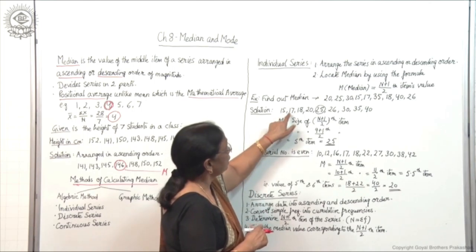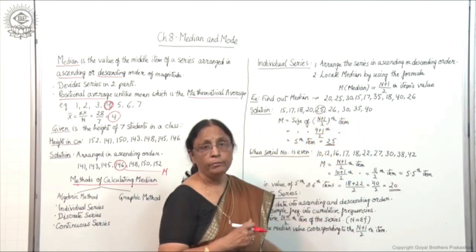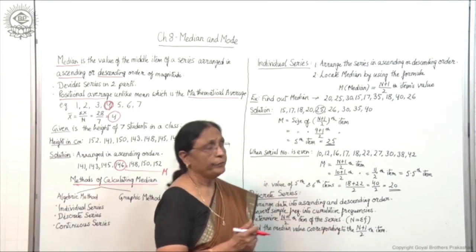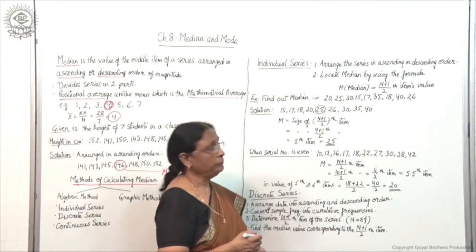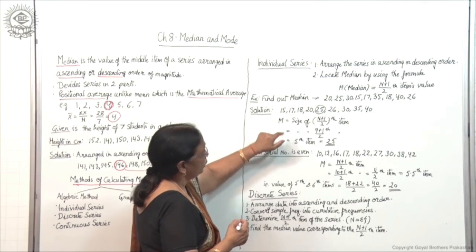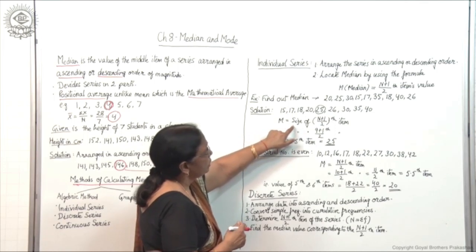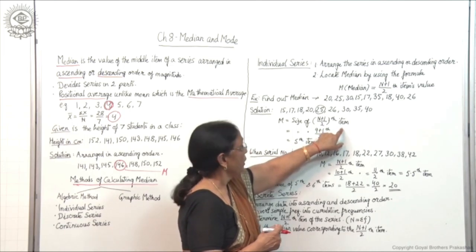So first we will arrange the series in any particular order whichever you want. Here again it is in the ascending order. Now after arranging the data, we will apply the formula. M is equal to size of (n plus 1) upon 2 th item, right?